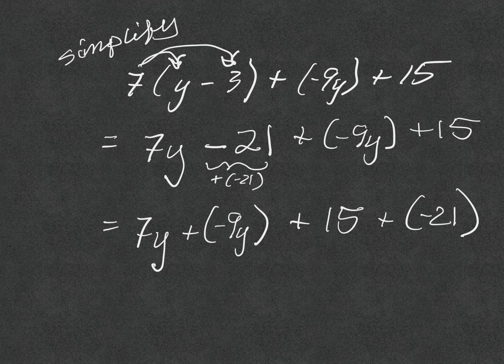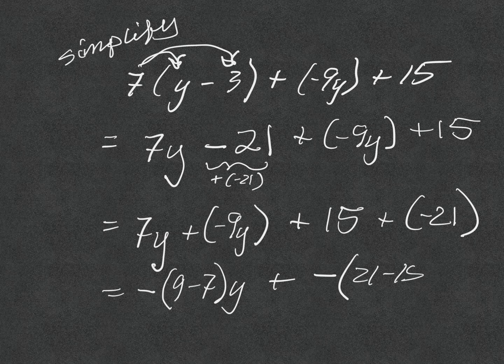So now I'm collecting the like terms, and the addition here is 7 plus a negative 9, okay? Which means it's going to be the opposite, because negative 9 has a bigger absolute value, of 9 minus 7 times y. And same thing here, it's going to be the opposite of 21 minus 15 when I add those together.